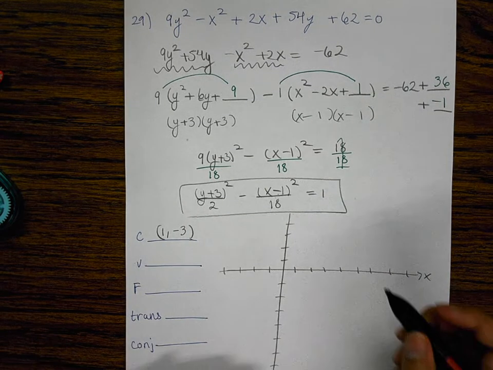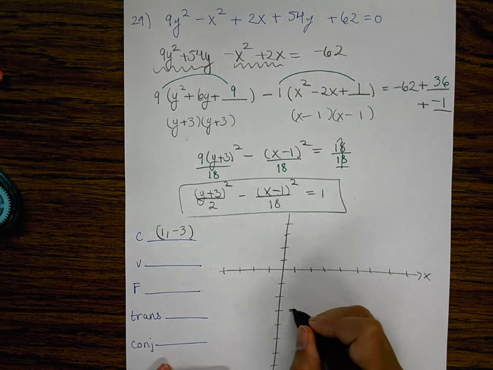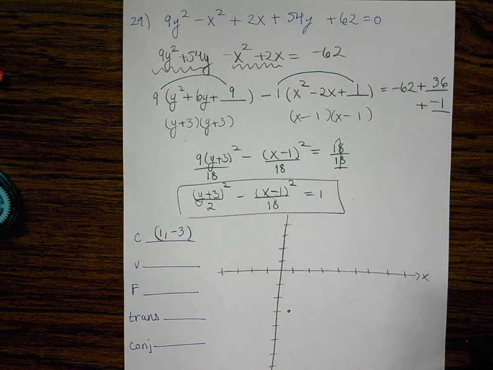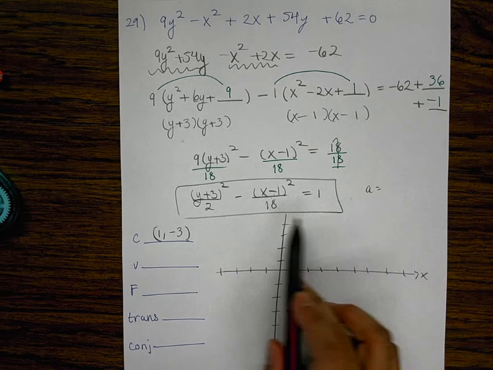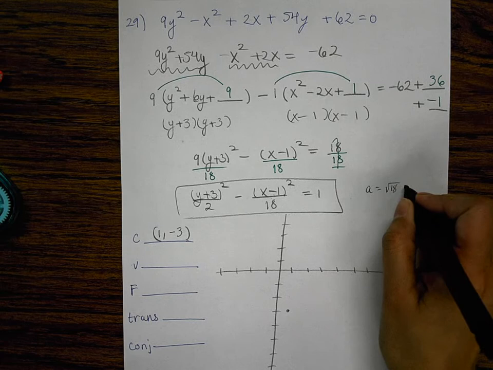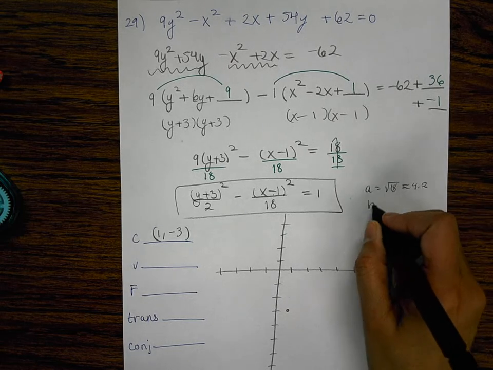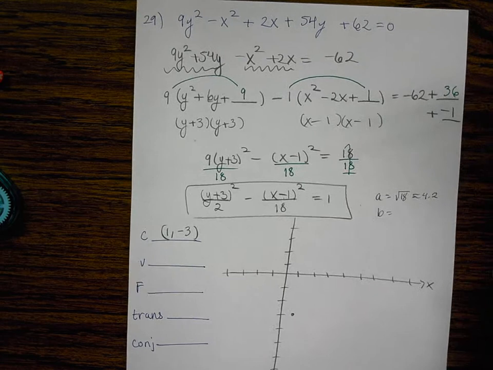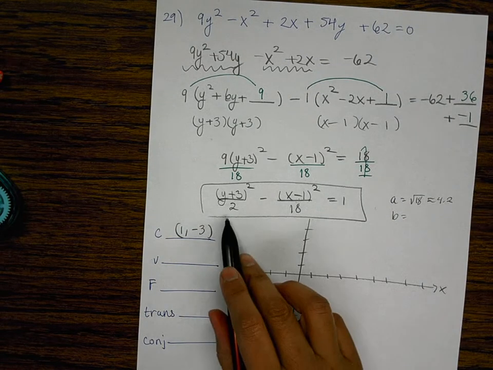All right, write 1, down 3. And my A value is right and left, that's X, it's the square root of 18. The square root of 18 is approximately 4.2. The B is the up and down, and that is my Y value, because Y goes up and down, so it's the square root of 2.